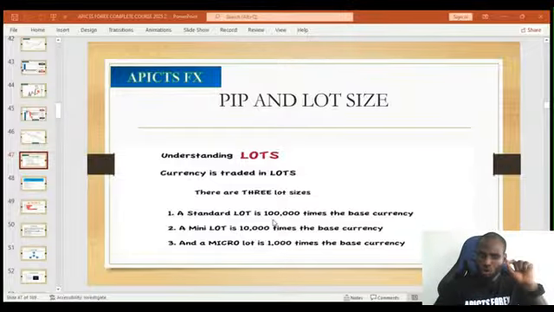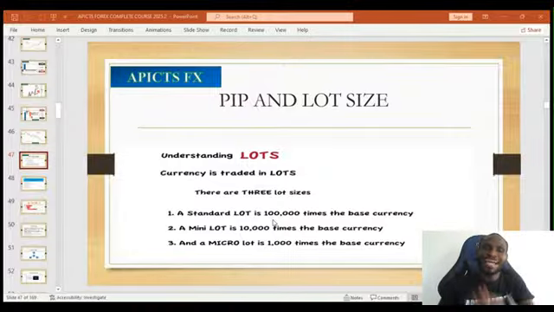A mini lot is 0.1. I told you to have your notepad out. So mini lot is 0.1, while micro lot is 0.01. Once again, I need you to pay attention here.